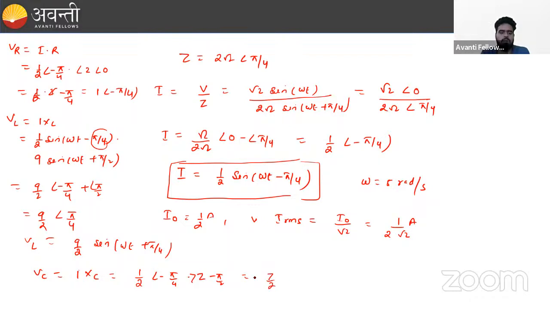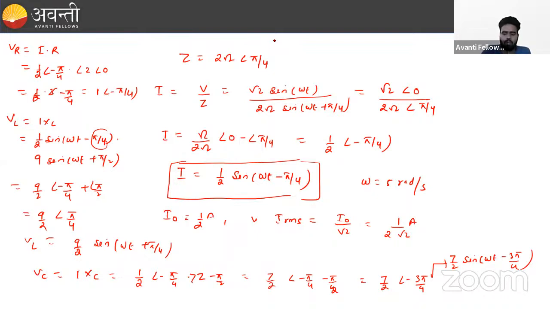And again, if we add the angles, minus pi by 4 and minus pi by 2, taking the LCM, this can be written as 7 by 2, and this will become minus 2 pi minus pi, that is minus 3 pi by 4. In the proper manner, 7 by 2 sine omega t minus 3 pi by 4. Correct. So in this manner, we can find any value once we calculate the value of current.